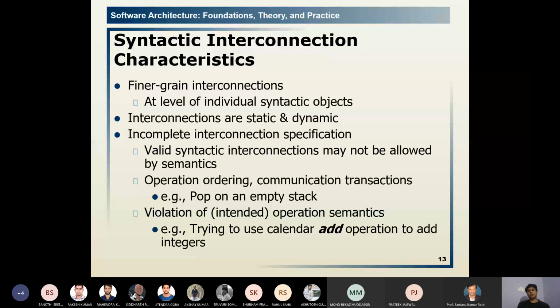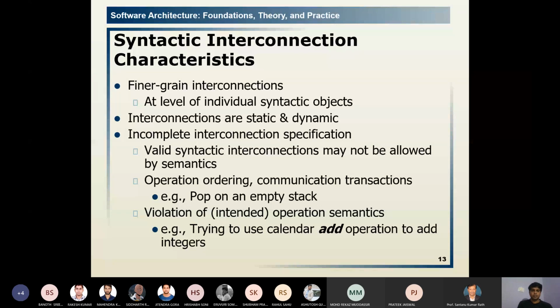It is an incomplete interconnection specification, as it does not have the proper collection of all the interconnections. A valid syntactic interconnection may not be allowed by semantics. Although it is valid in the syntactic interaction, it may not be allowed by the semantic interaction. Three types of interactions: unit interaction, syntactic interaction, and semantic interaction.